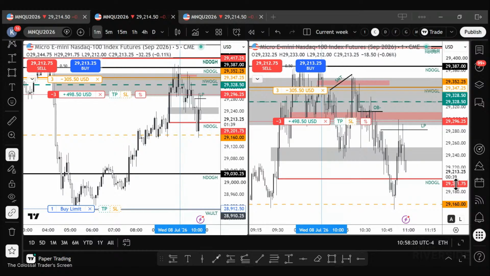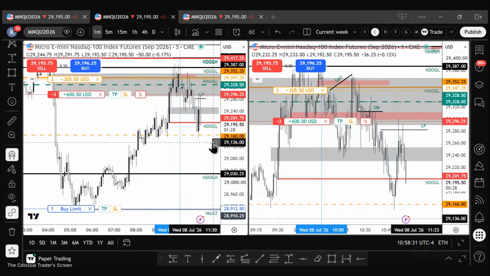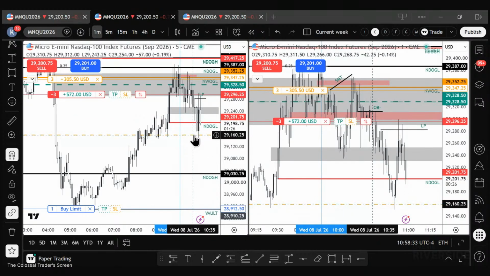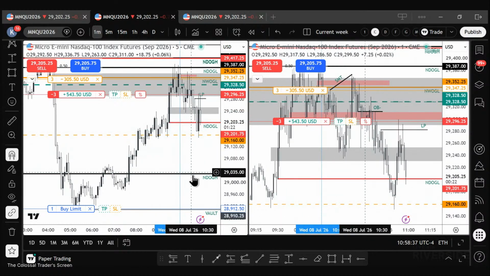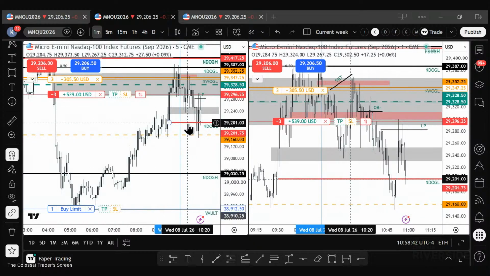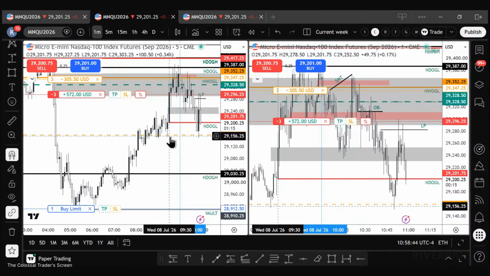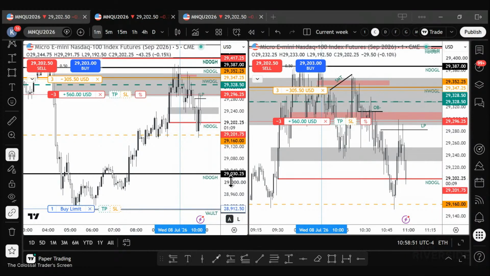And funny enough, allowing me to pick those reactions from that level. Nice, personally speaking. Potentially a support level.